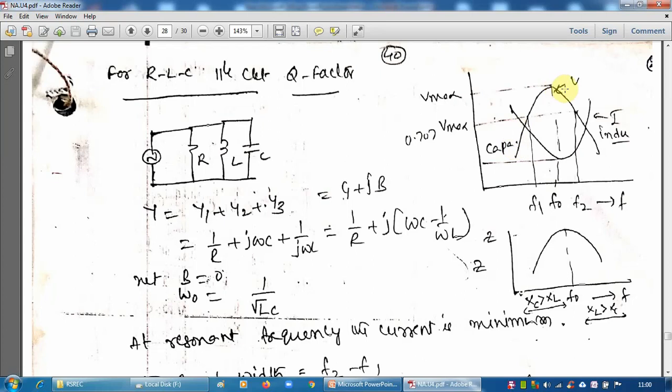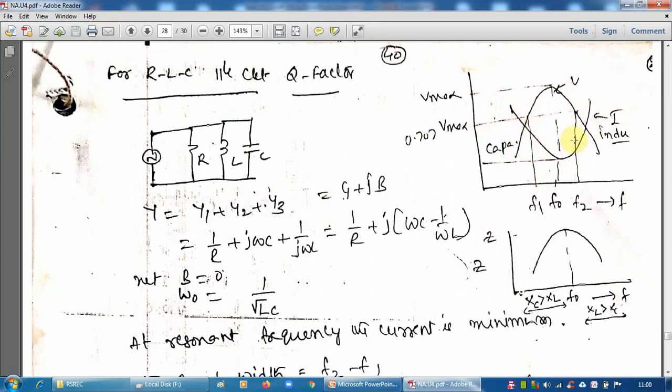Same thing in terms of V also: if this is the V voltage variation, V will be maximum, so if you take V by root 2, you will get this value. Or in terms of I, if you take the minimum value I naught and I naught into root 2, you will get this value.